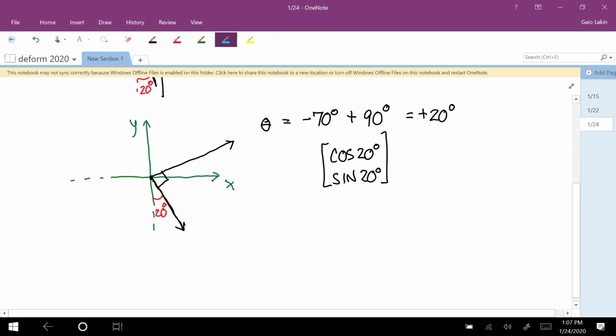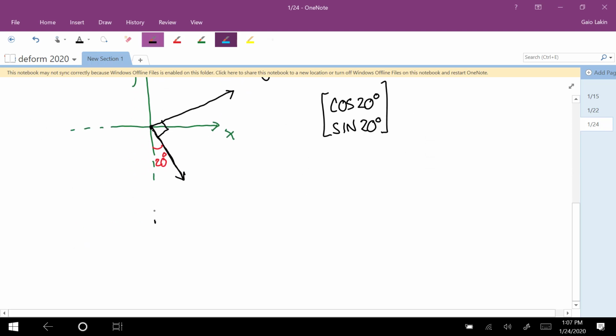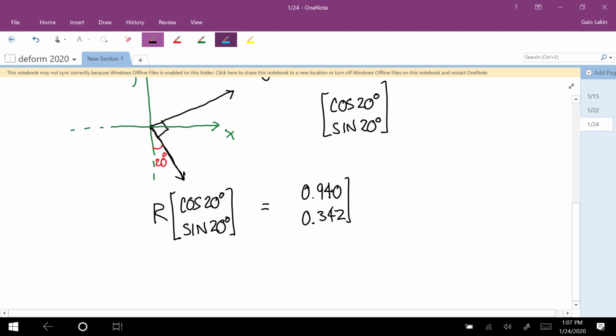And so the force vector is just R times that unit vector, which is 0.940, 0.342. I left out the R.